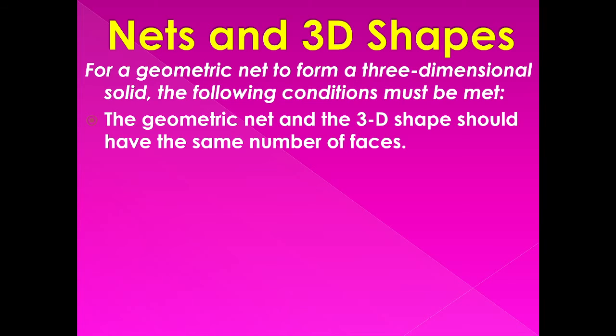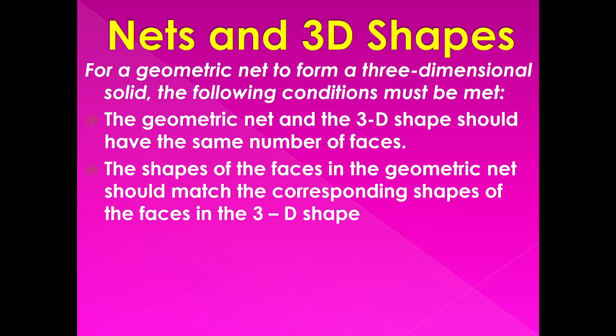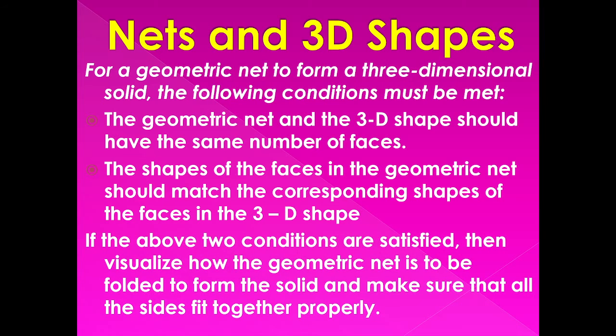However many faces your 3D shape has, the number of faces in your geometric net should be the same. The shapes of the faces in the geometric net should match the corresponding shapes of the faces in the 3D shape. If you have 3 triangles in your 3D shape, then your net should have 3 triangles as well. Example, okay? Another one.